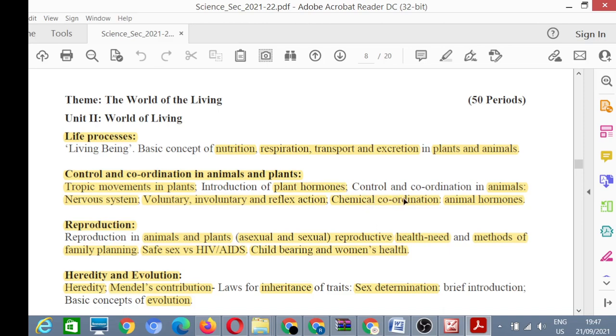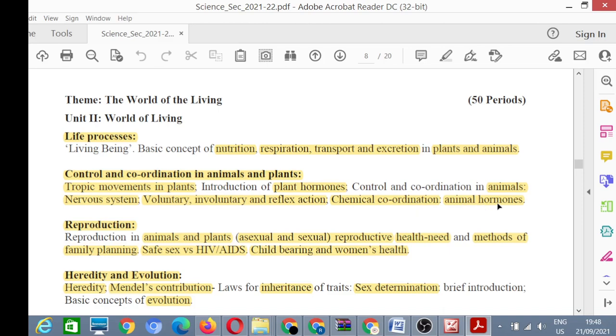Then control and coordination in animals. Then the nervous system of animals. The nervous system is responsible for control and coordination. Then these are the different types of actions: voluntary, involuntary, and reflex actions. Then chemical coordination.